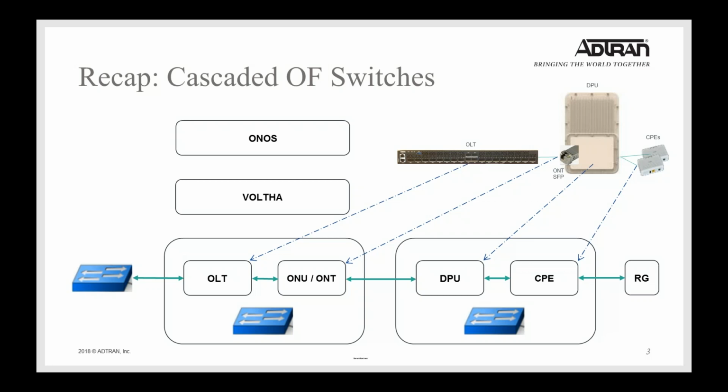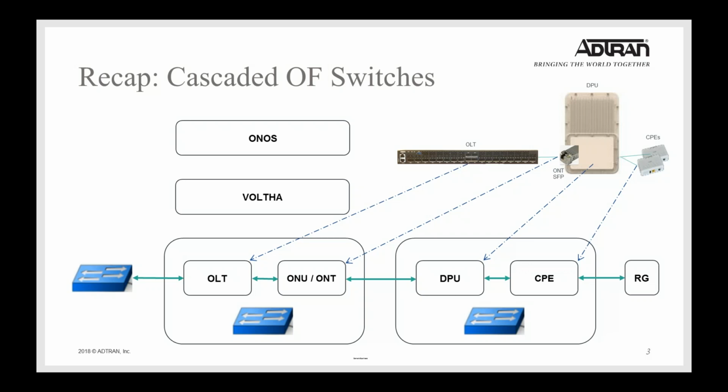What we propose is actually cascaded switches. On the left-hand side, on the bottom, you see what you normally already know. You have one logical switch which contains an OLT device and several ONU or ONT devices. For the G.fast case, these ONU or ONT devices actually correspond to the SFP, which is plugged into the DPU. It doesn't have to be an SFP which is plugged in.